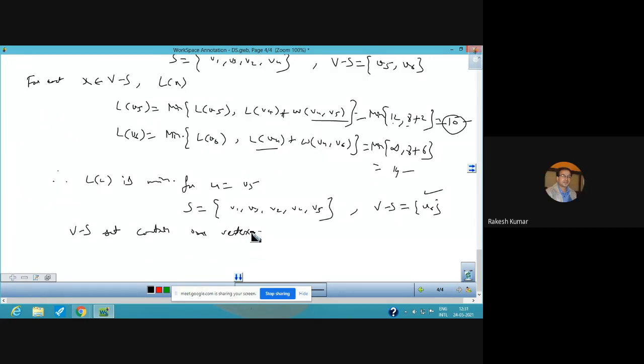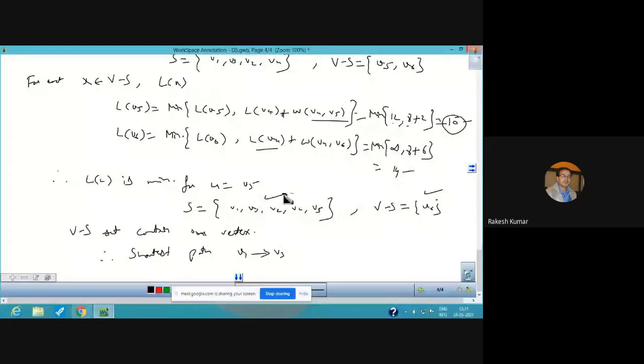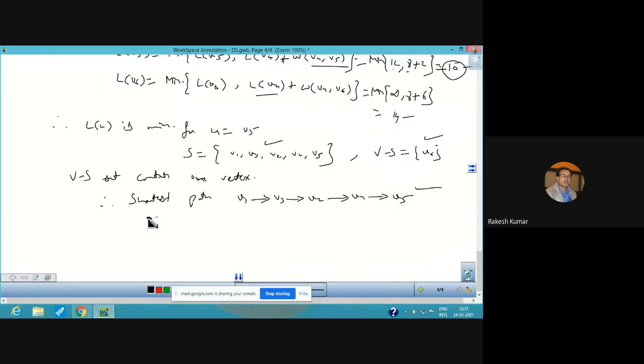So this is the path in the set S, and V3 to V2, V2 to V4, and V4 to V5. So this is the shortest path, and length of the path will be calculated as the weight of the edges.